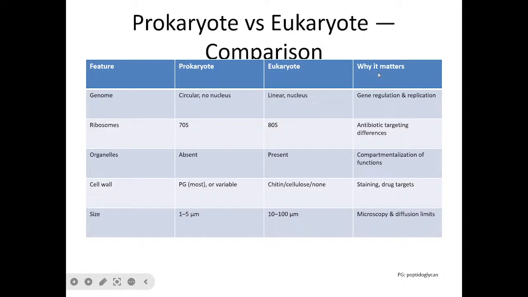Okay, so what we have been saying so far is that in terms of prokaryotic and eukaryotic, what do they use each of these for? If you are considering the features of a prokaryotic organism in terms of their genome, it is circular, no nucleus. In eukaryotic, they have a nucleus, but their genome is linear. This is very useful in gene regulation and replication. Then ribosomes, I told you 70S in prokaryotic, 80S in the eukaryotic. This difference makes them targets for certain antibiotics.